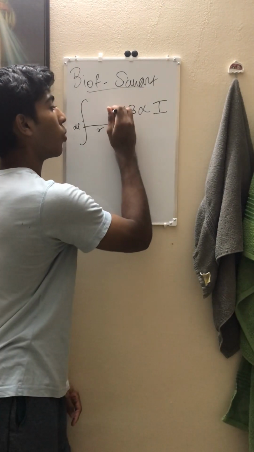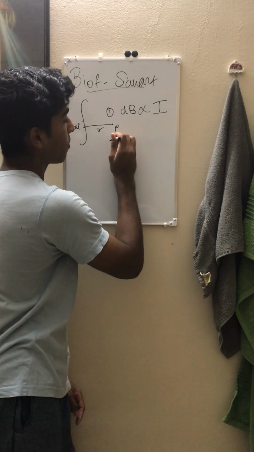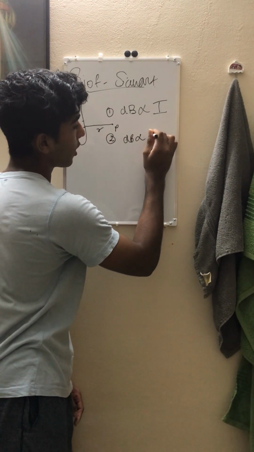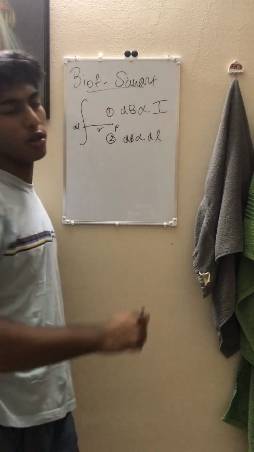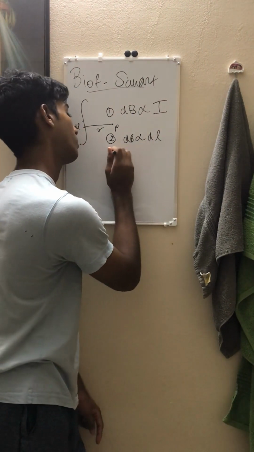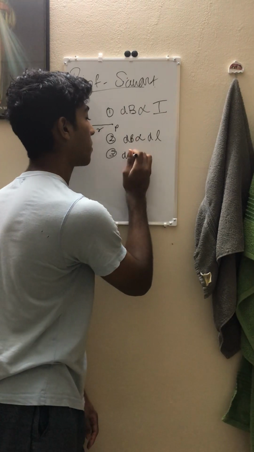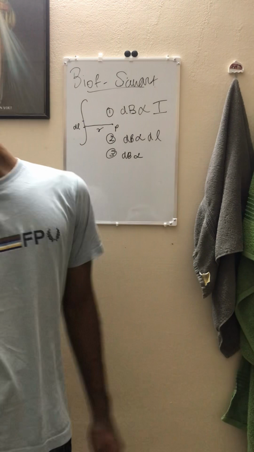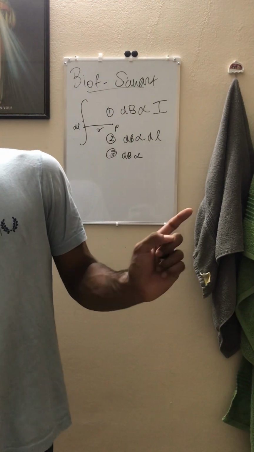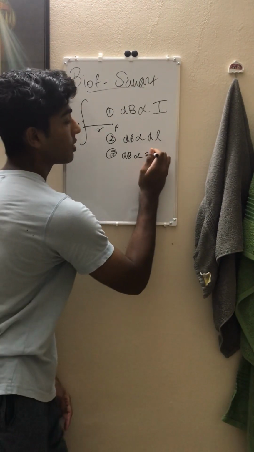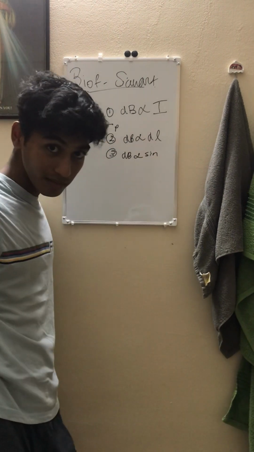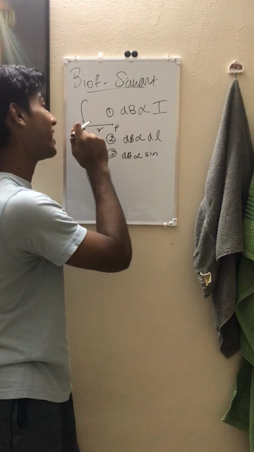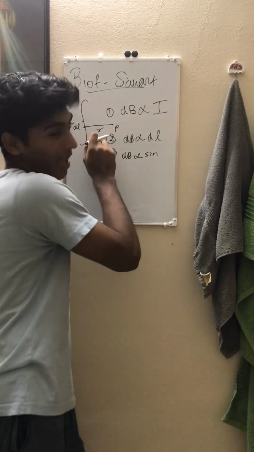It is also directly proportional to the length of the current carrying element, which I'll denote by dl. Third, it is directly proportional to the sine of the angle between this guy and this guy.